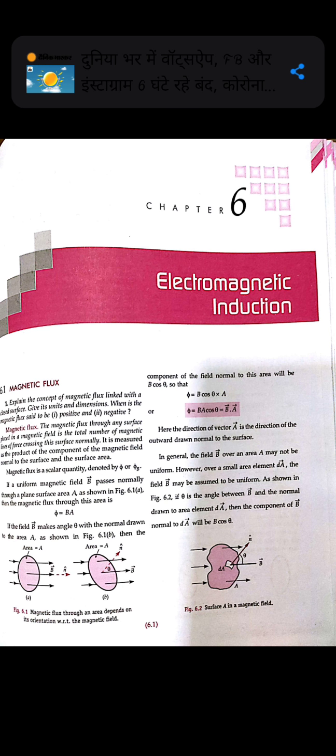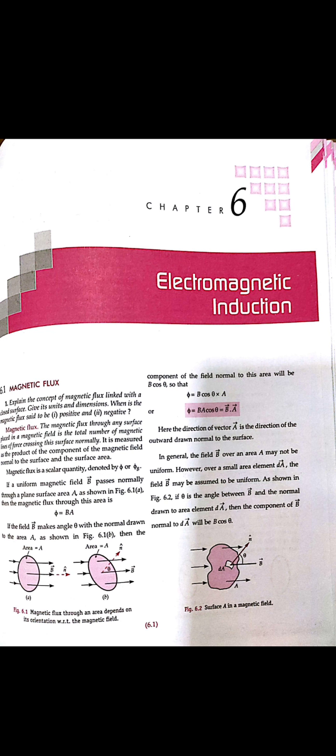It will depend on the magnetic field B, how many lines pass through that particular area, and on the area of the surface A, since a larger surface means more perpendicular magnetic lines. It will also depend on the orientation, that is the angle theta between the magnetic field and the surface area or the small area element.